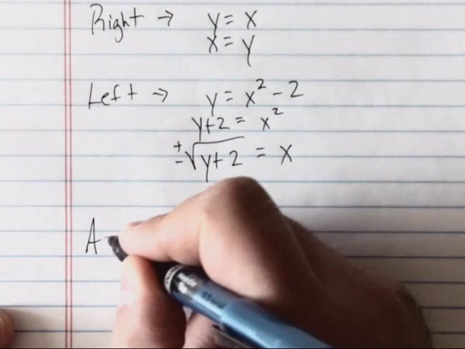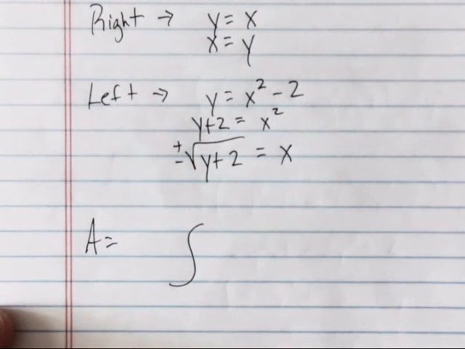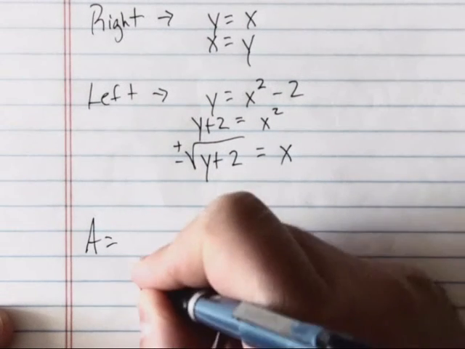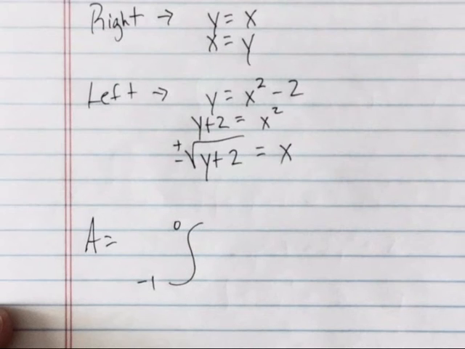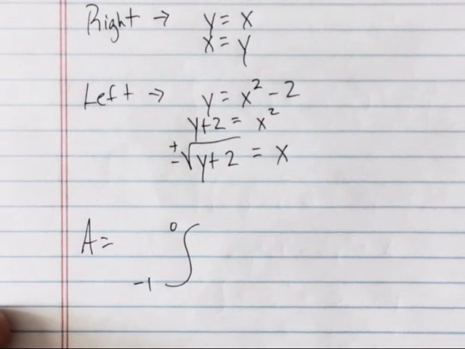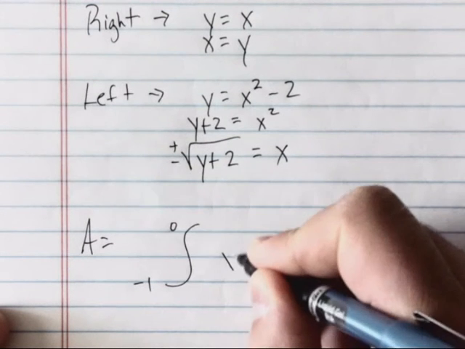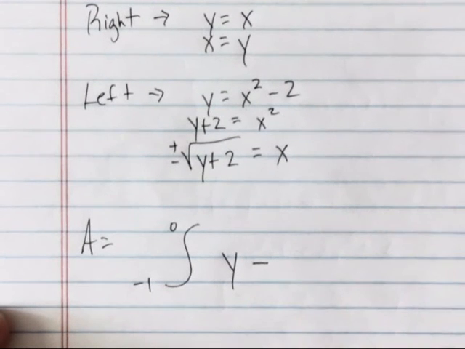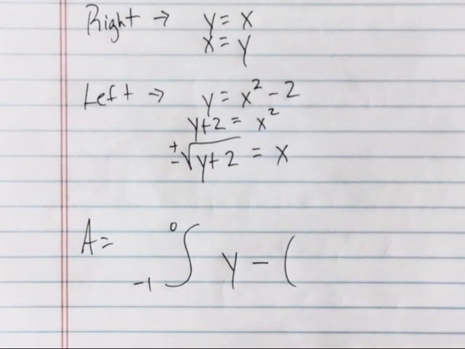So the area from C to D is -1 to 0. Our rightmost function is y minus our leftmost function, and we're actually going to use the negative root here because this is going to be below the x-axis.